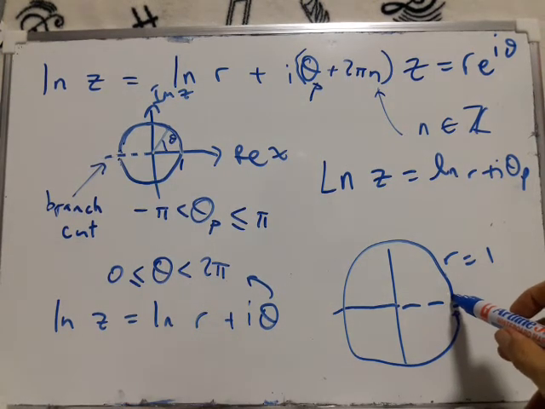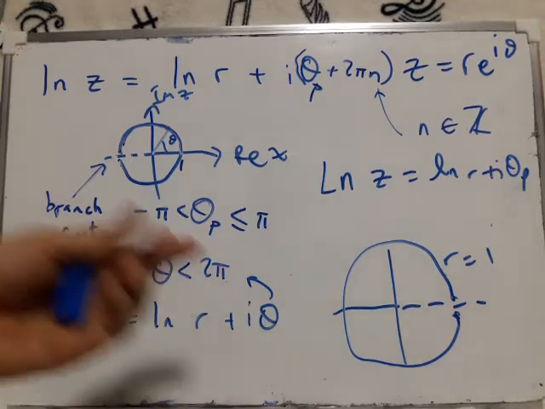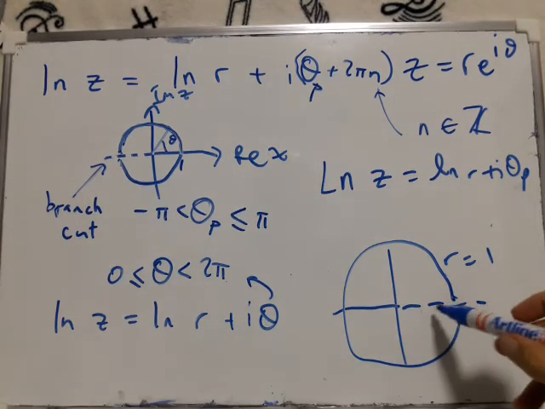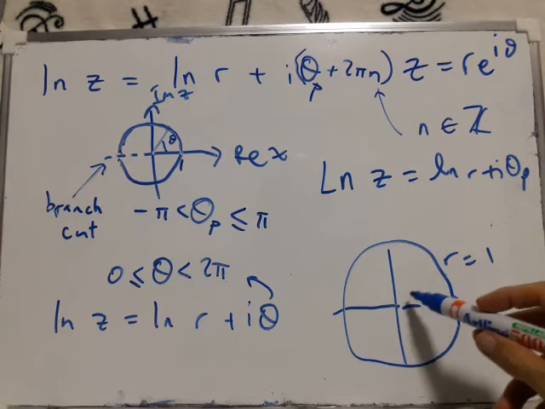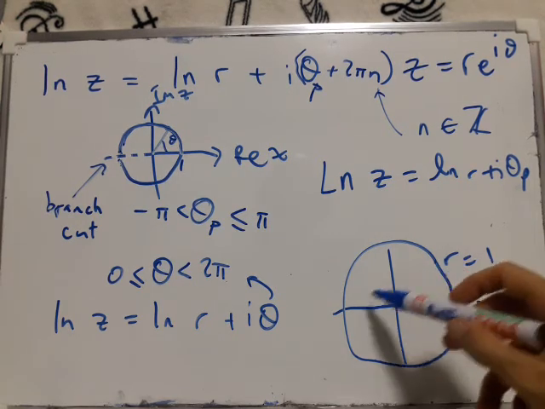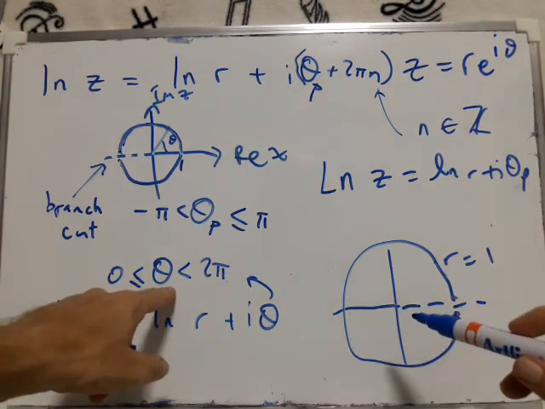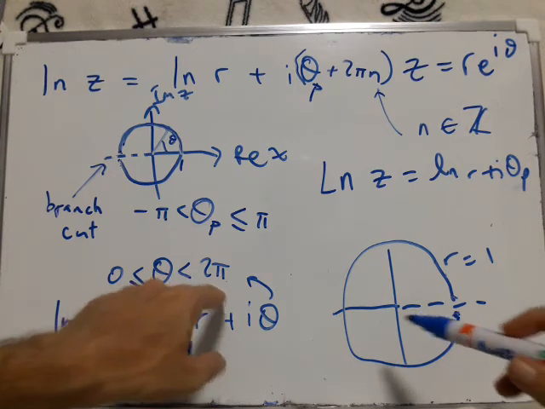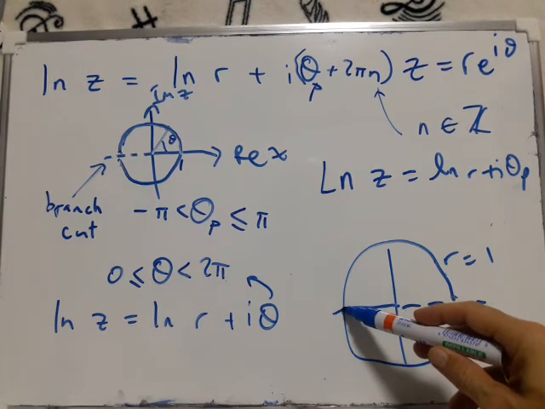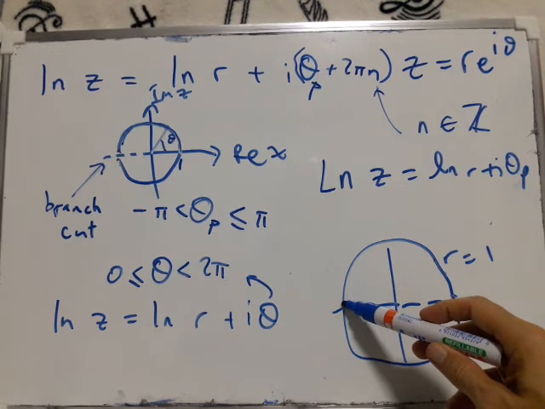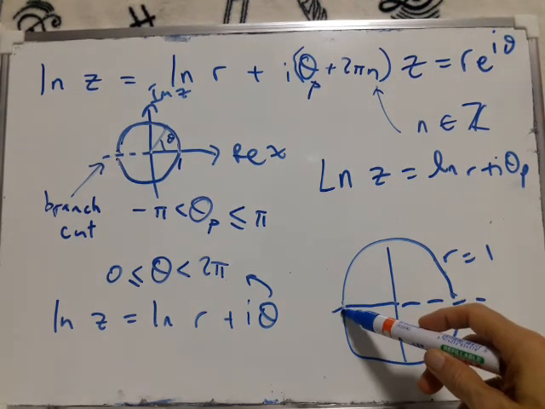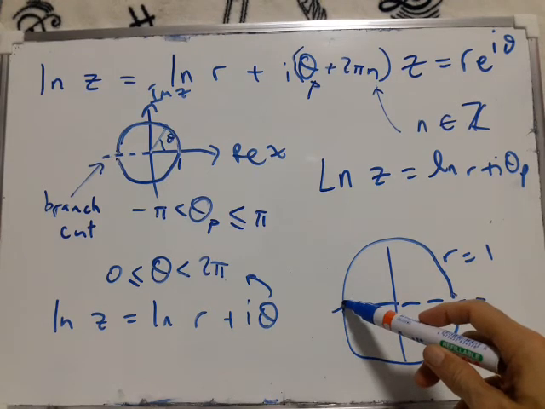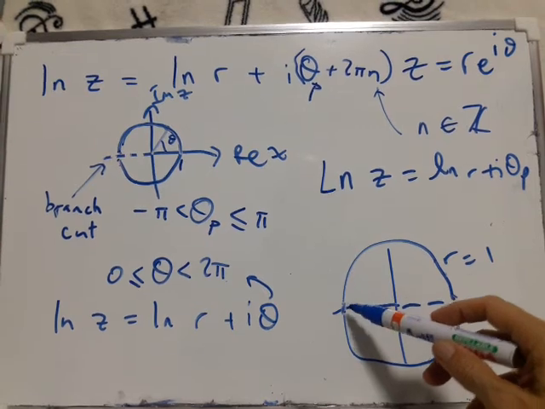So i times almost 0 and i times 2 pi, a big difference. Okay, so there's a big difference in log z when I cross this dotted line. It doesn't happen anywhere else, you see. Now I've changed what theta is allowed to lie between, 0 and 2 pi. This point here is no longer a problem, because here theta is pi minus a little bit. Here theta is pi plus a bit. So I can make these 2 points get closer and closer, and there's no sudden jump anymore.